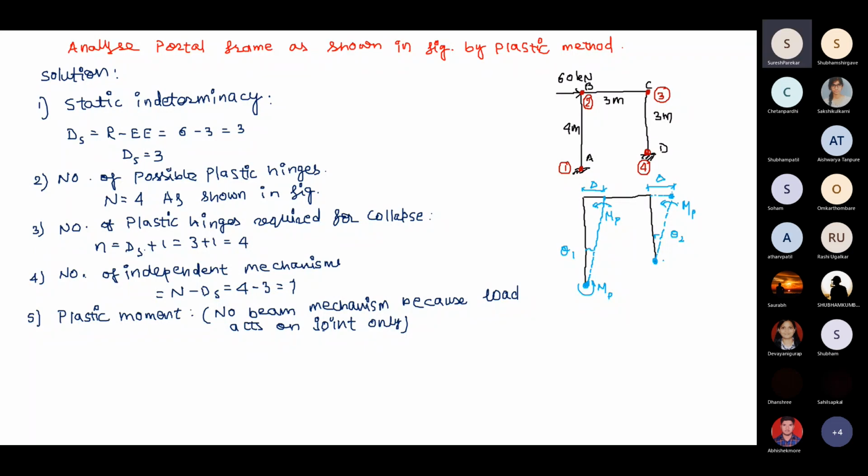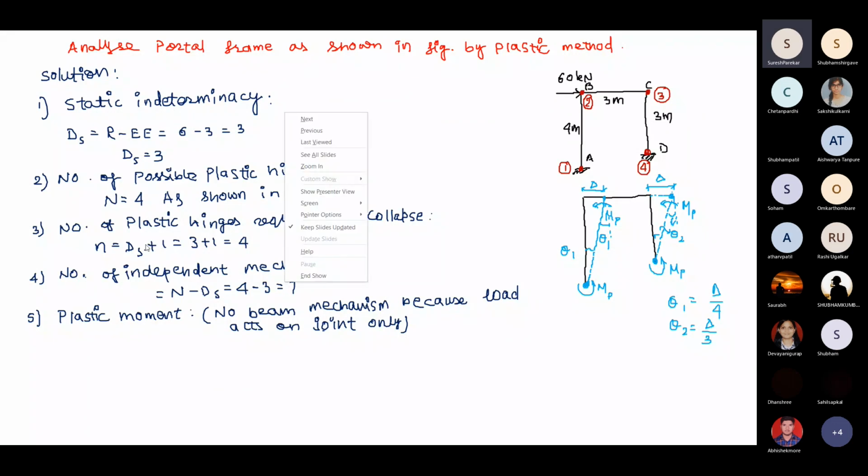No moment on beam. So theta 1 equal to delta by 4, and theta 2 is equal to delta by 3. So we have sway mechanism only.